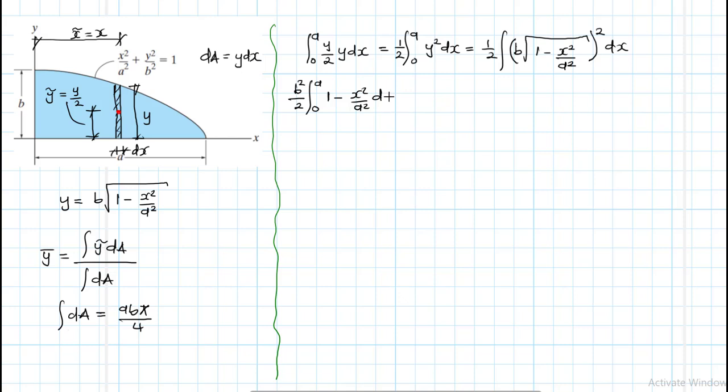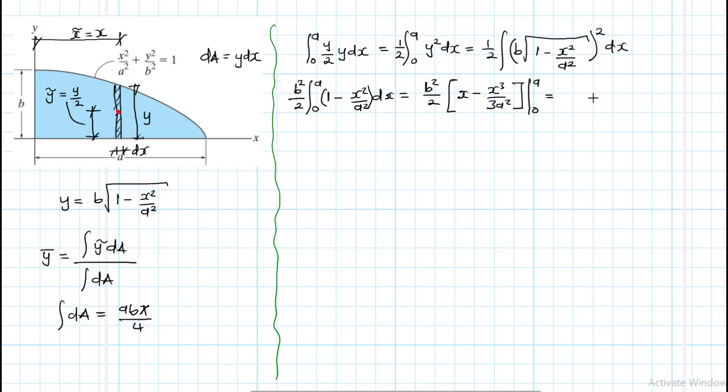Is that so? Great. So that is what we have at the moment. And if we were to integrate that, then we'll have b squared divided by 2 times x minus x cubed over 3a squared, evaluating this from 0 to a.